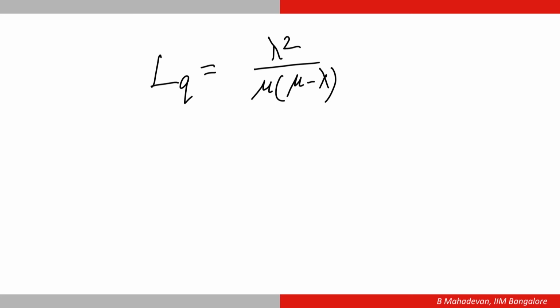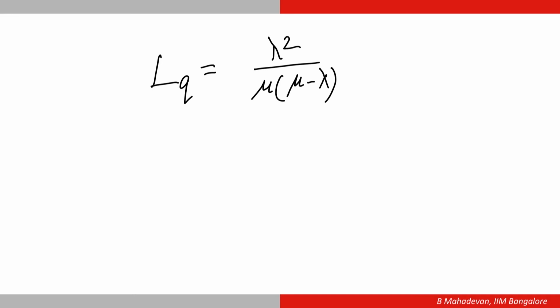And the limiting condition is if mu is equal to lambda, the denominator becomes 0 and mathematically it is indeterminate. It is very large. So, the first implication that we can get out of this simple formula for a single server queue is service rate and arrival rate cannot come closer to one another.